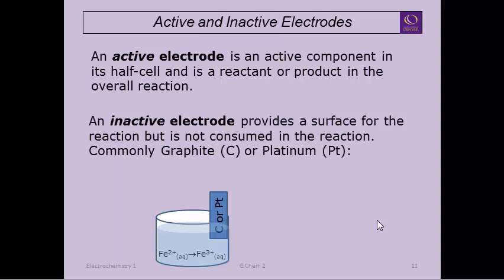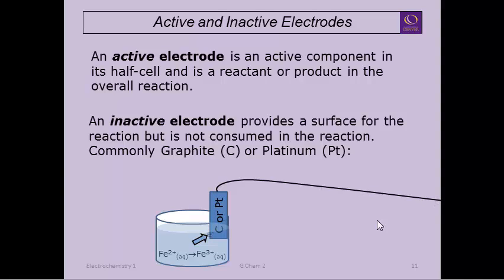So here's an example of that. Here I have iron 2+ going to iron 3+ in oxidation, creating electrons. And so if you drop in something that was conductive but didn't participate in the redox, and commonly we have conductive carbon or graphite or platinum, which is a very inert metal, then those electrons that are generated in the oxidation can be picked up by the electrode and carried off into the circuit without the electrode itself participating.